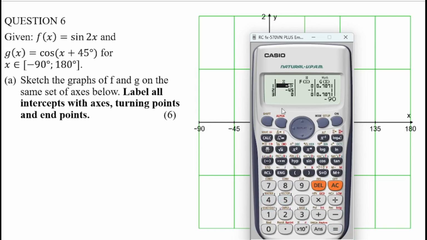So these are the critical points that you can have, and you can use these critical points to sketch your graphs. This column is for f(x), and this column is for g(x). You can scroll till you get to 180, then you can plot these points. The coordinates are there in the table.